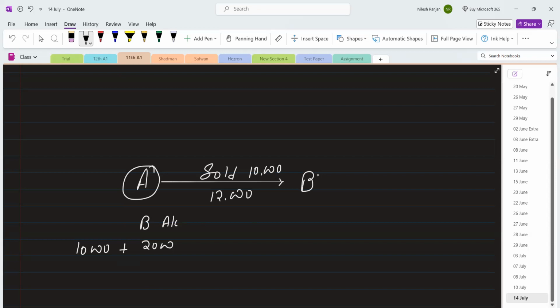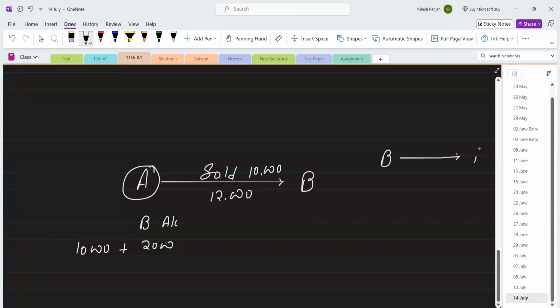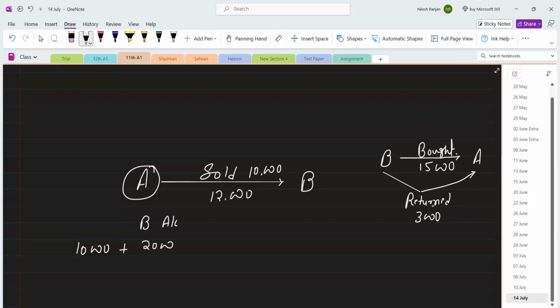In the same manner, let's say B purchased goods from A and the goods valuation was 15,000. Now B returned some goods valued at 3,000.